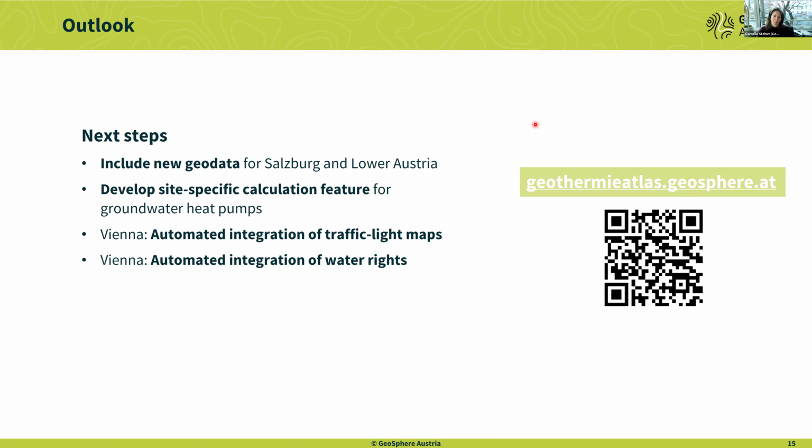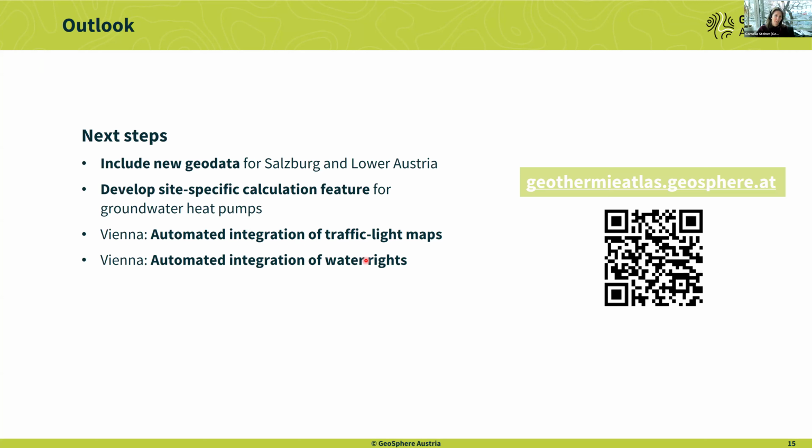And then we will start, for Vienna, with integrating information automatically from outside, for example from authorities, like the groundwater protection areas, which can change, and also the existing water rights, which are highly adaptable or will change over time.